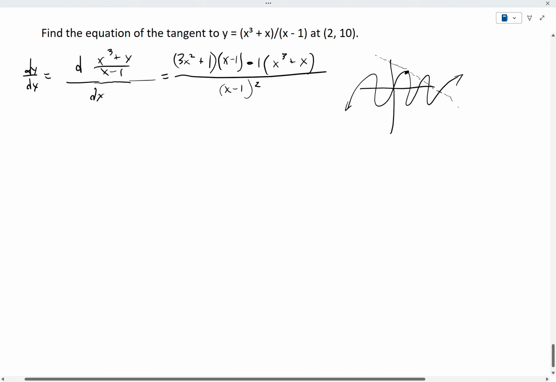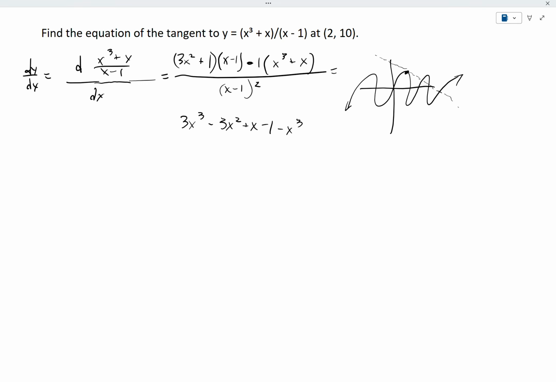All right, I'll just simplify this down a little bit. So I'll do FOIL right here in the top. So I get 3x to the third minus 3x squared plus x minus 1 minus x to the third minus x. I distributed that negative 1, all over x minus 1 to the second power.